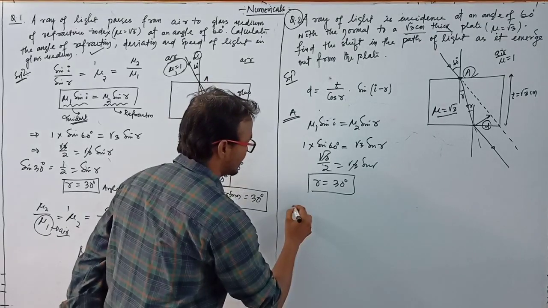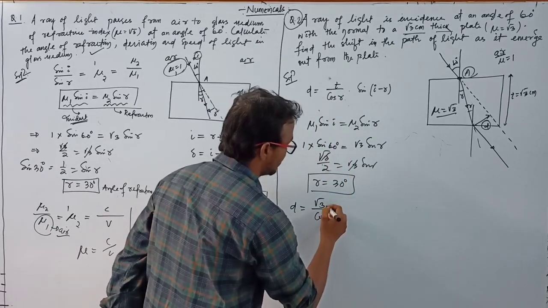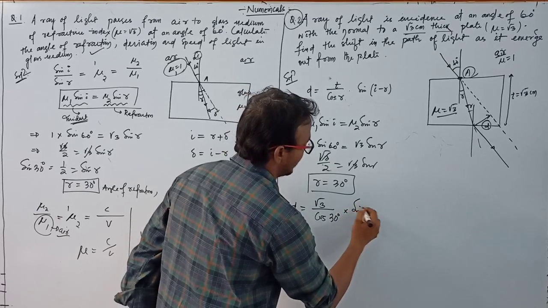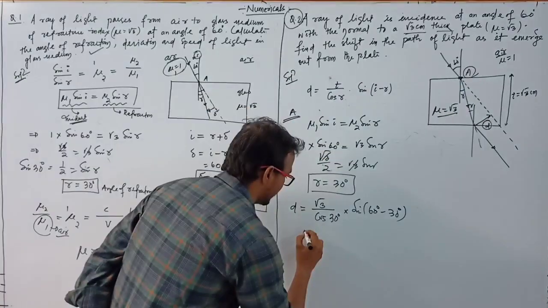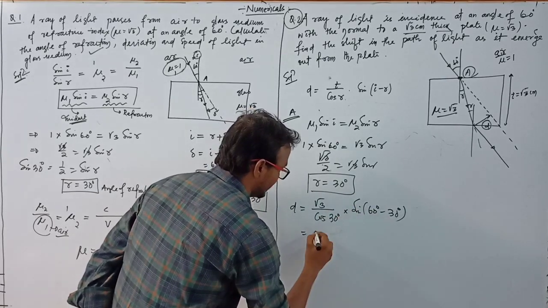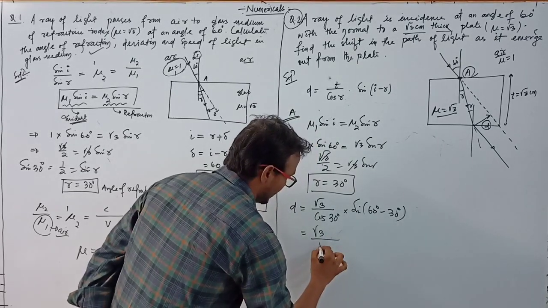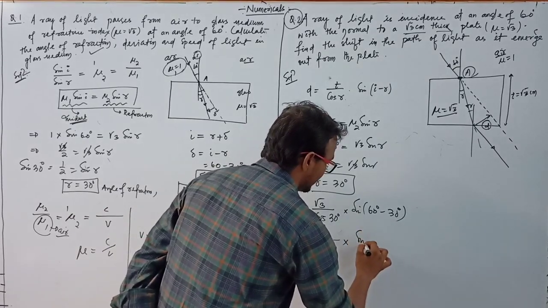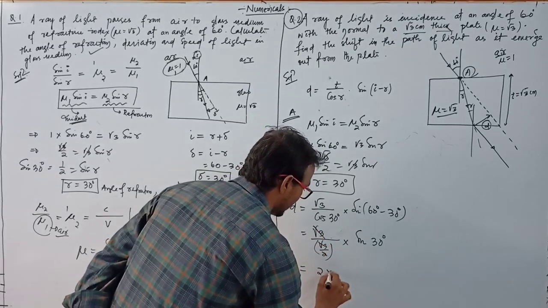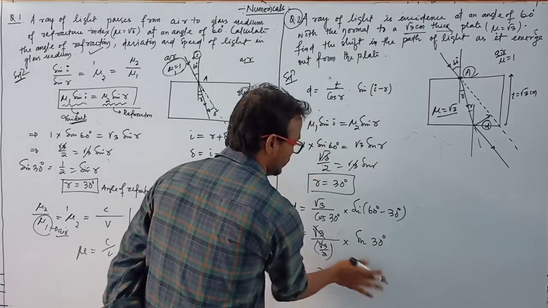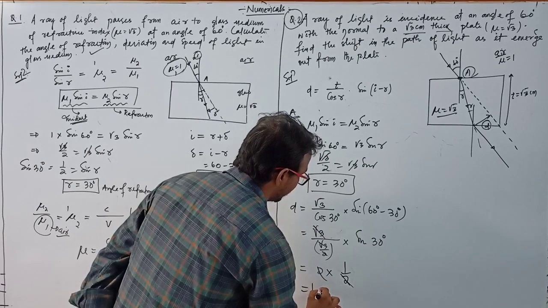Now use the relation d equals t, whose value is √3 centimeter, divided by cos r, that is cos 30 degrees, into sin of (60 degrees minus 30 degrees). Using the angle of incidence and angle of refraction, 60 minus 30, we write √3 divided by cos 30, which is √3 by 2, into sin 30 degrees. The √3 cancels, and 2 into sin 30, whose value is half, gives d equal to 1 centimeter.